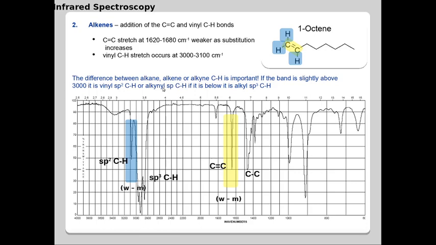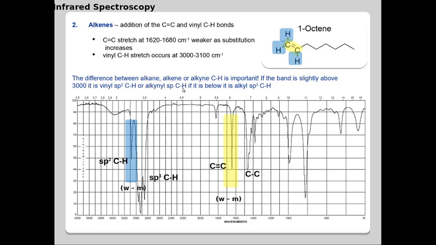When you're looking at the vibrational frequency of the CH bond, sometimes it could be confusing to separate the carbon hydrogen bond vibrations of alkanes, alkenes and alkynes. So in order to make it easier to distinguish, keep in mind that if this particular band comes above 3000 centimeter inverse, it's usually the carbon hydrogen vibration of an sp2 hybridized carbon, such as a vinyl carbon hydrogen bond, or alkynyl.